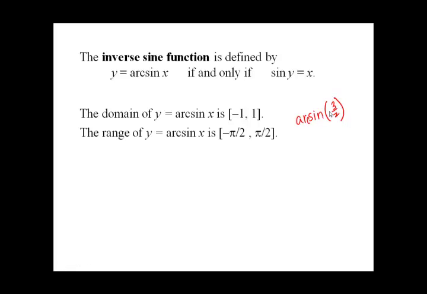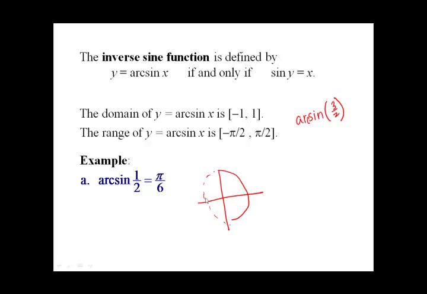The other thing is, once again, you can only have output values that are in this interval. So once again, that is restricted to one side of the unit circle. One example is, of course, this one that we just did. This is asking what angle, because remember, arc sines and inverse trig functions output angles.